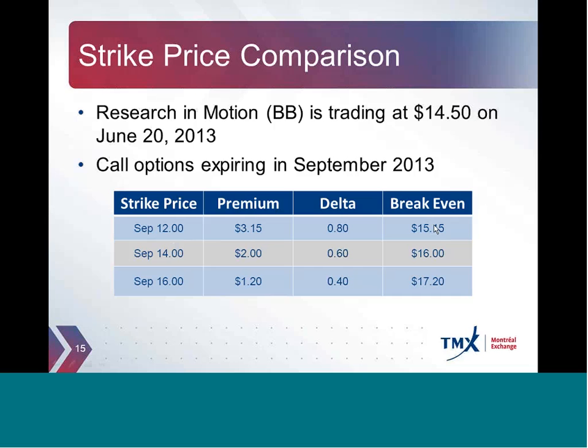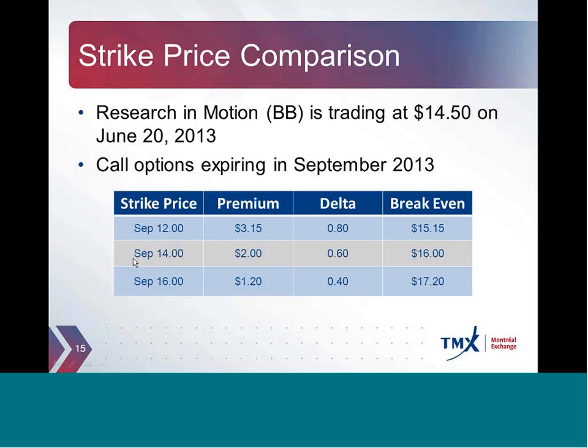So what this is suggesting is that on expiration, which is the third Friday of September, the break-even point for that in-the-money call option is $15.15, because we add $3.15 to $12, and you'll recognize that the stock has to be at or above $15.15 for that position to break even. In other words, the premium will maintain its value.